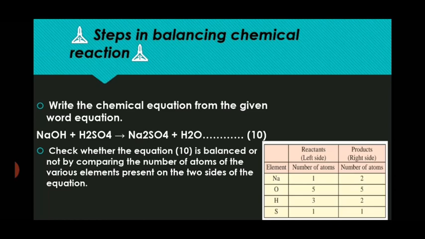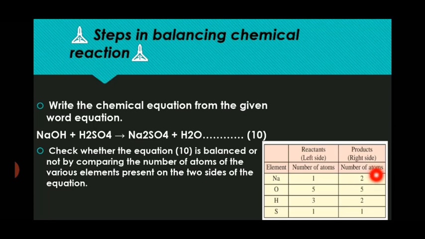Now come to the right hand side. Na is 2. Oxygen is 5. Hydrogen is 2. Sulfur is 1. Now compare. Sodium is 1 on the left and 2 on the right. Oxygen is 5 and 5.